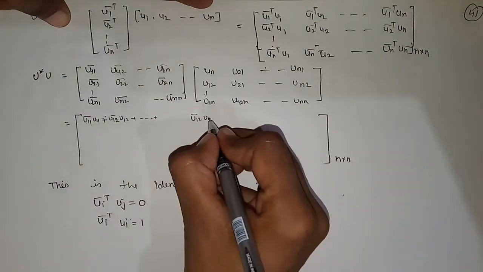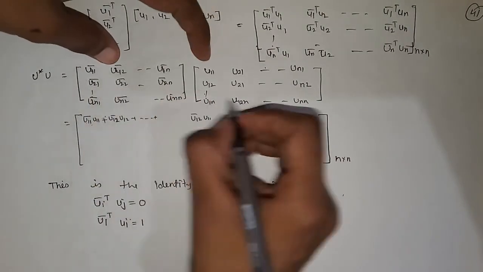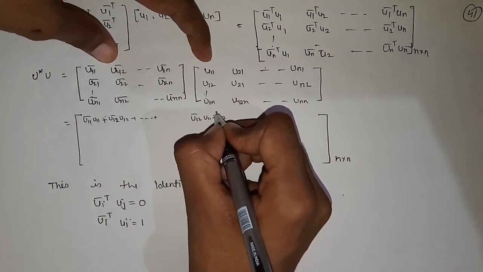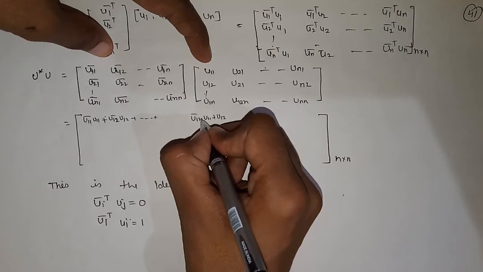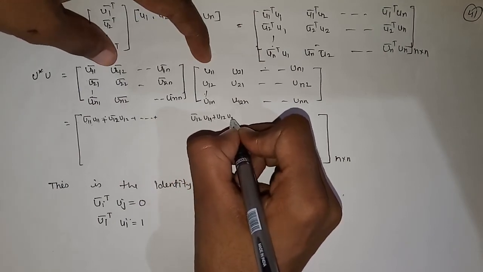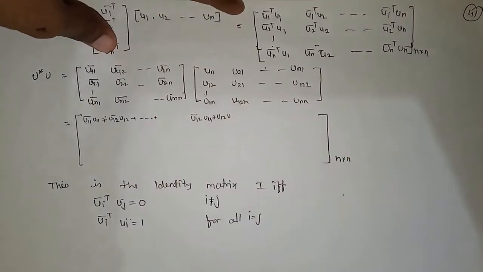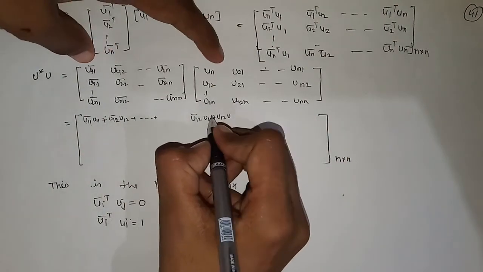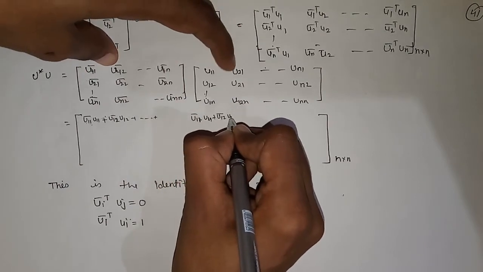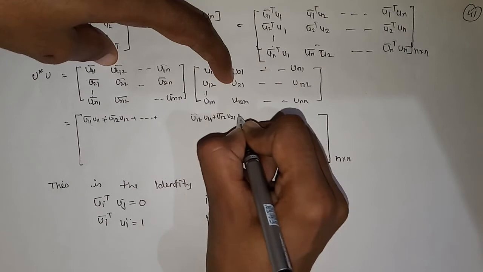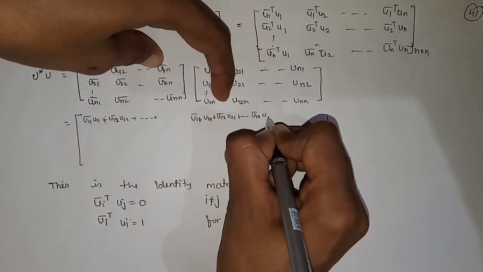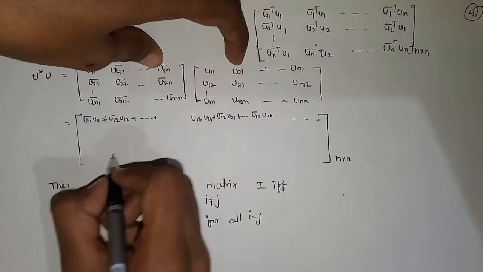So let's just do one more calculation. Here this is u12, u11, u12, here this is 21, this is 12, this is u11 u21, then u12 bar u22 plus plus u1n bar u2n, and so on up to the last term.